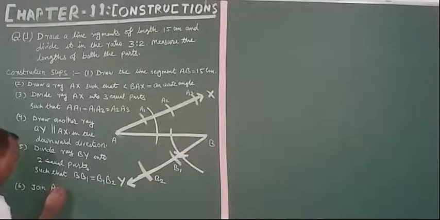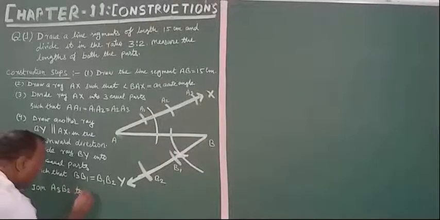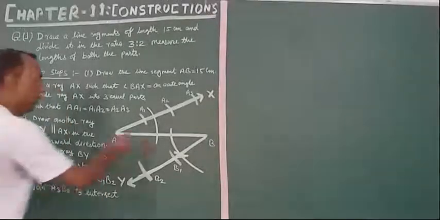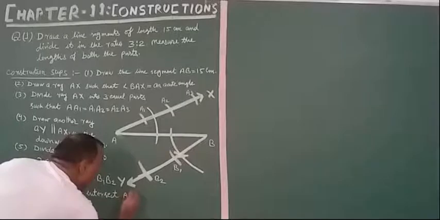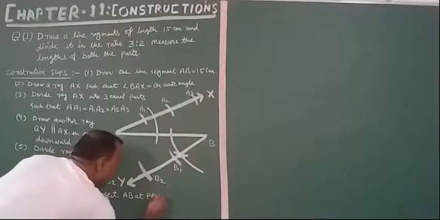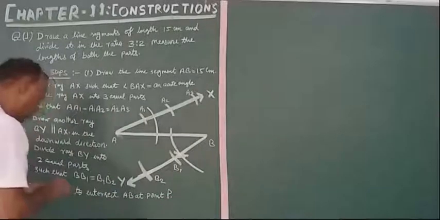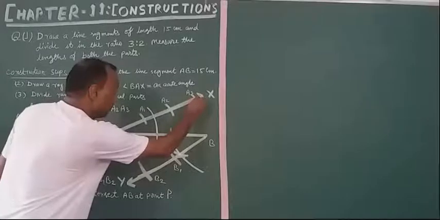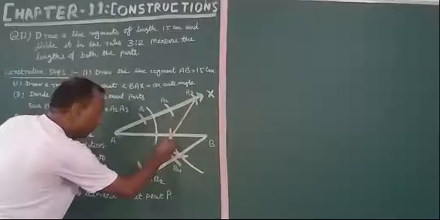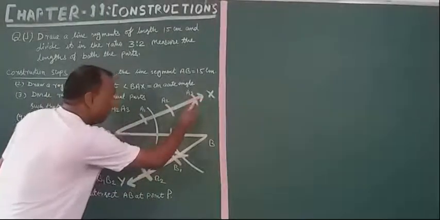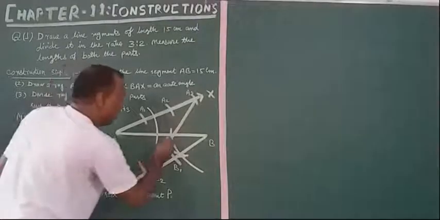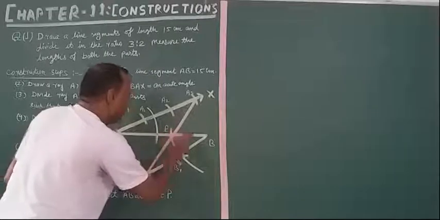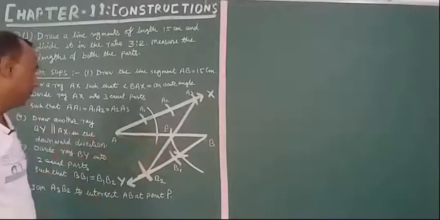Join A3B2 to intersect AB at point P. This will intersect the line segment AB at point P. Is it okay?